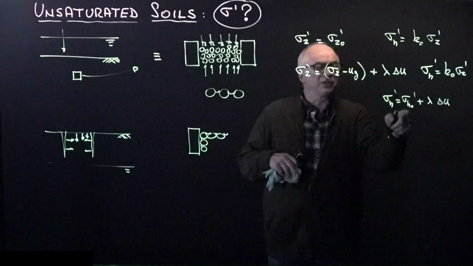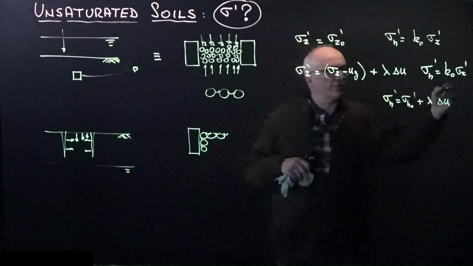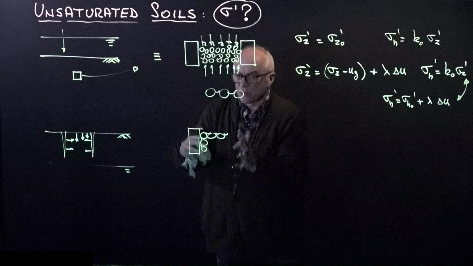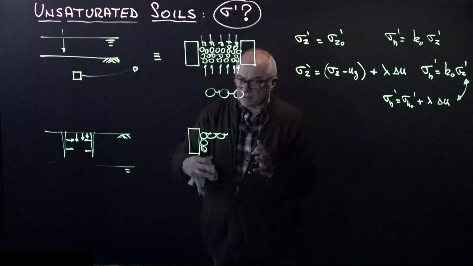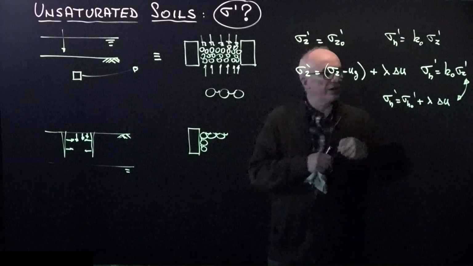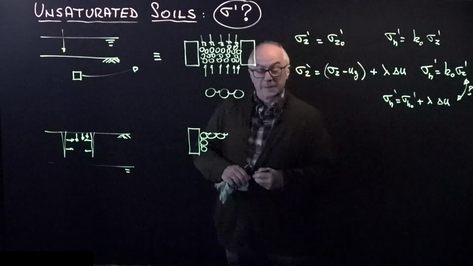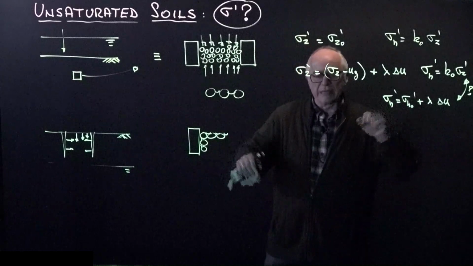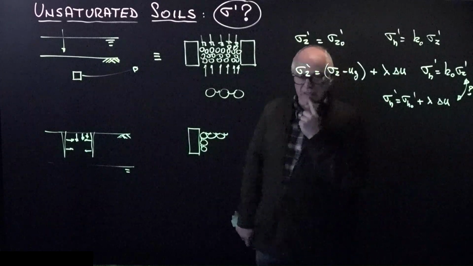So this is beginning to look like Bishop, but it's going to be somewhere in between, because now I have an interaction with the wall, so I have to go to the interplay with the skeletal stiffness to determine what is the new effective stress. So even in this case, Bishop may not have fully kicked in on the horizontal stress.